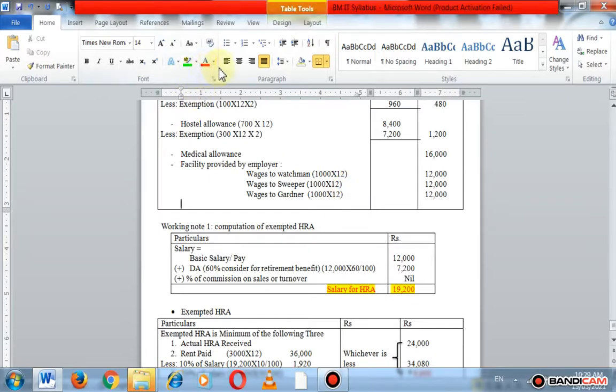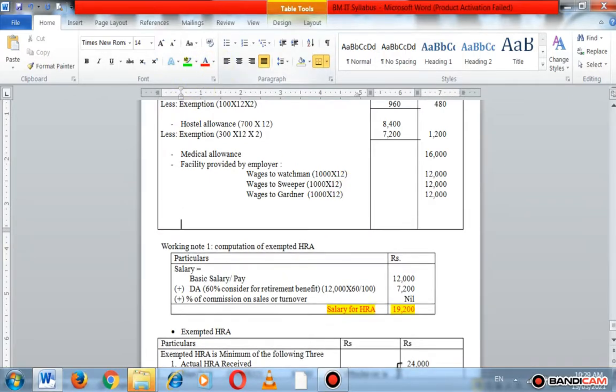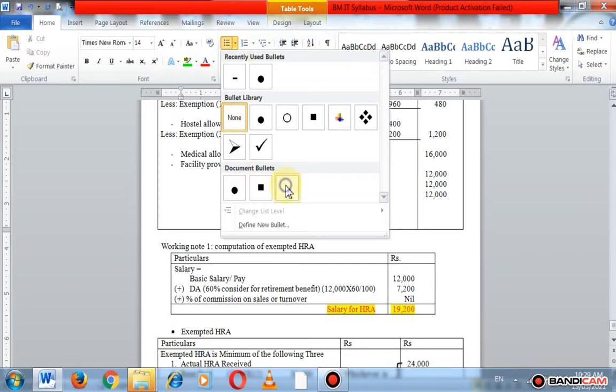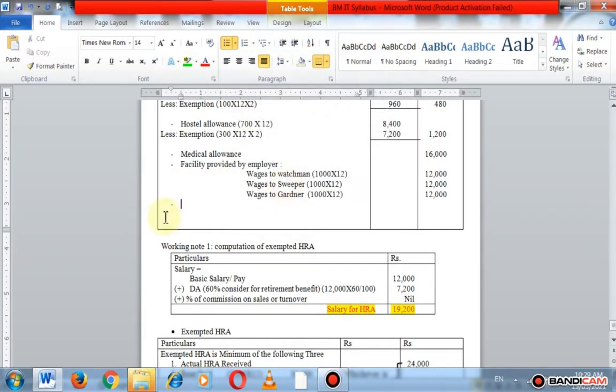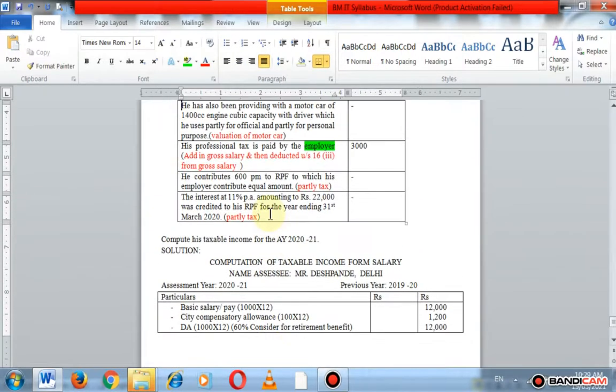So the value of motor car facility is 32,400.